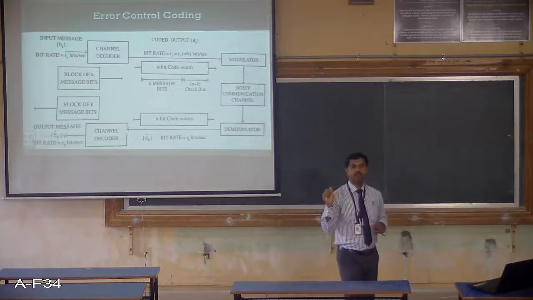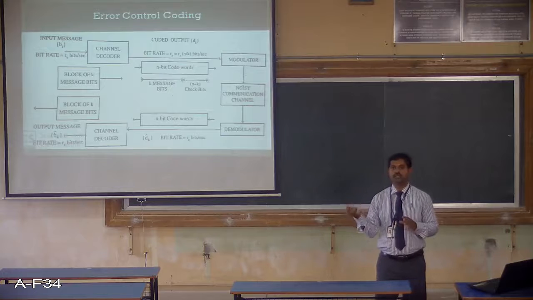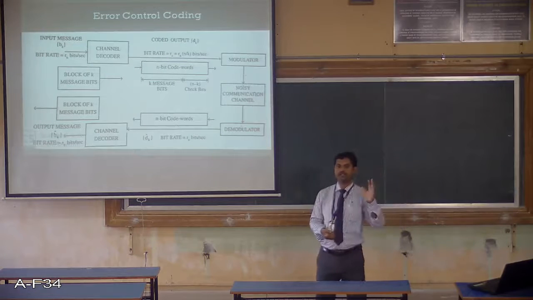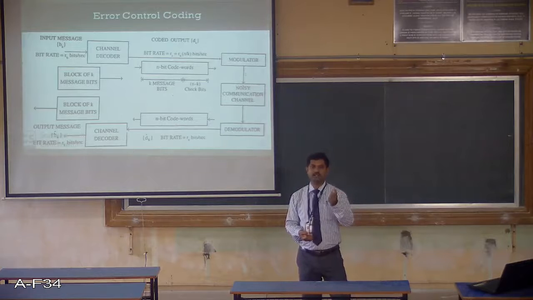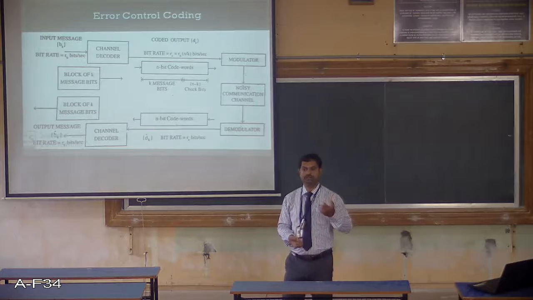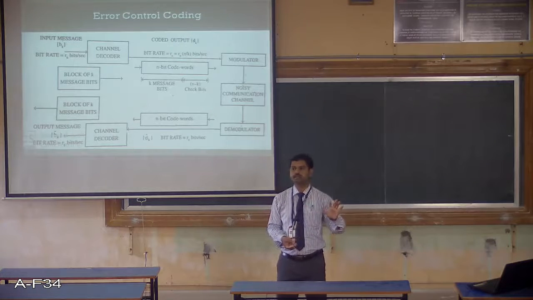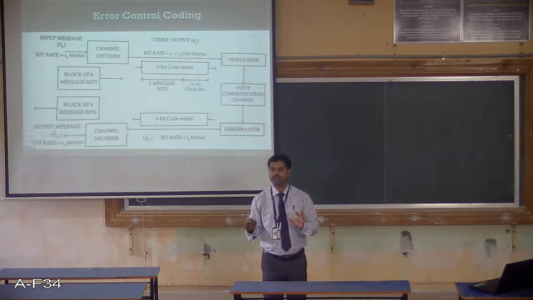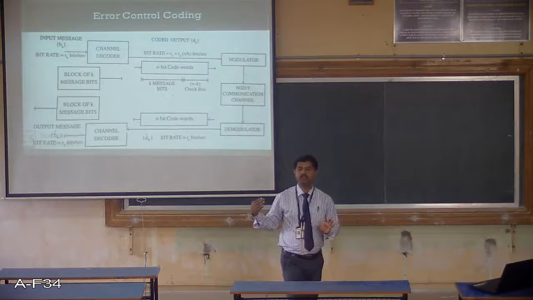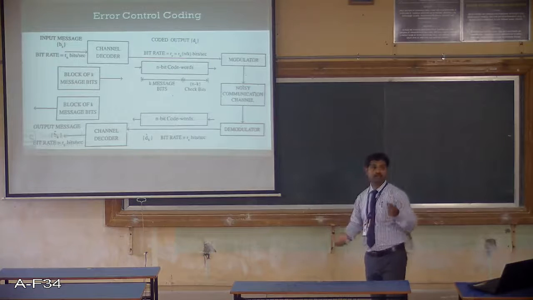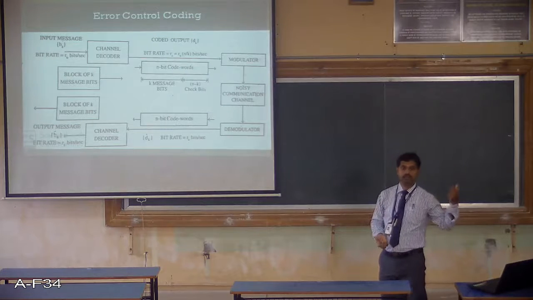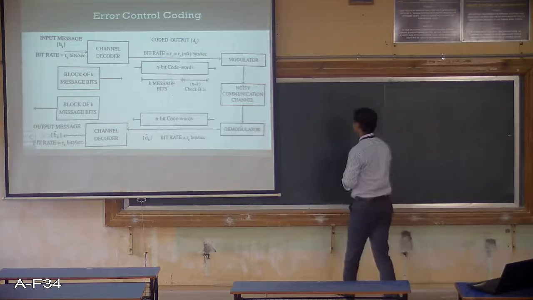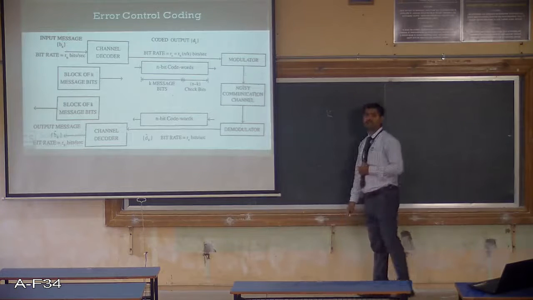In the channel encoder, whatever information it receives from the preceding stage, it performs encoding on that message. Encoding is very simple: it converts one form of data into another form. Here in the channel encoder, the information bits received from the previous stage are K bits.